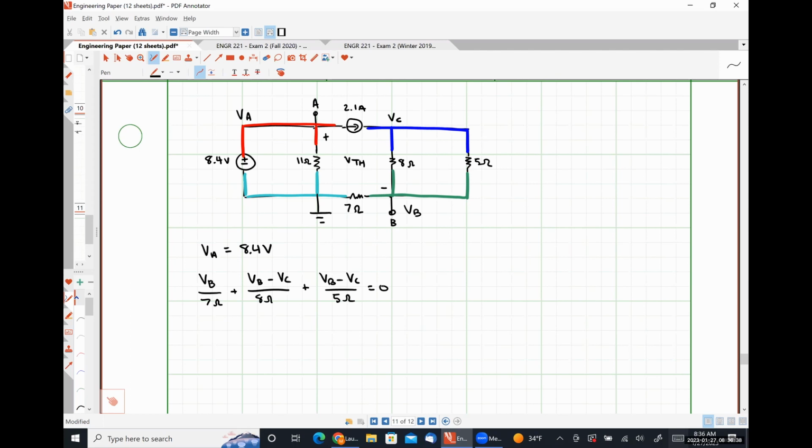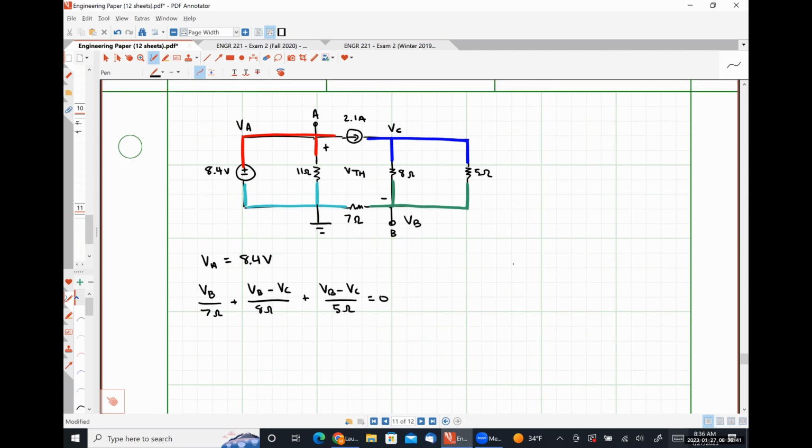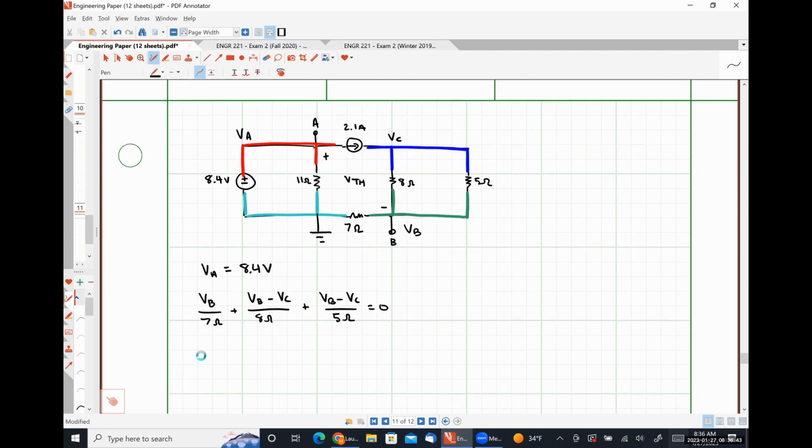KCL at C is going to look like negative 2.1 amps plus VC minus VB over 8 ohms plus VC minus VB over 5 ohms. Just going to double check things here really quickly. When I do it at B, I should have 3 terms, which I do: VB over 7, B minus C over 8, B minus C over 5.